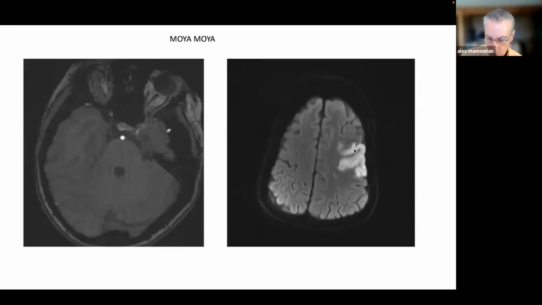But I just want to show you that this is a patient with Moyamoya disease that had a focal infarct. But I want you to notice this is the middle meningeal artery on the right side and the middle meningeal artery on the patient's left side. This is of course the basilar artery, and you see very little flow here in both the carotids. So why is the middle meningeal artery so large in this patient?